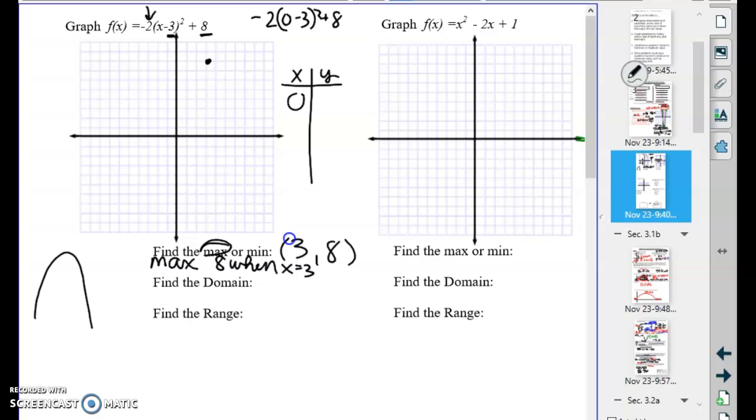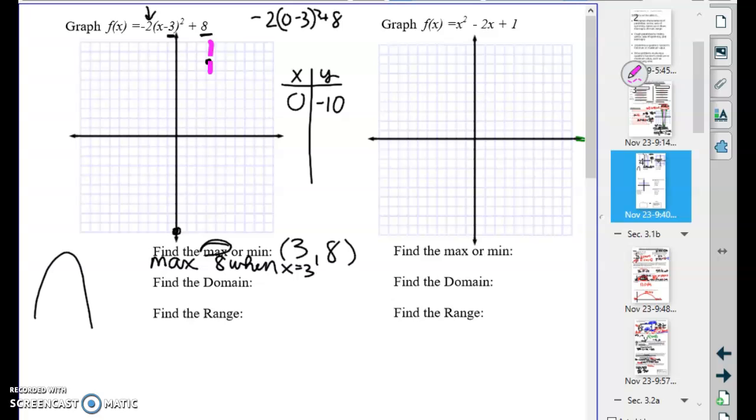Okay, so 0 minus 3, -3 squared is 9, times -2 is -18, plus 8, that's -10. Well, that's kind of a nice spot. So (0, -10).